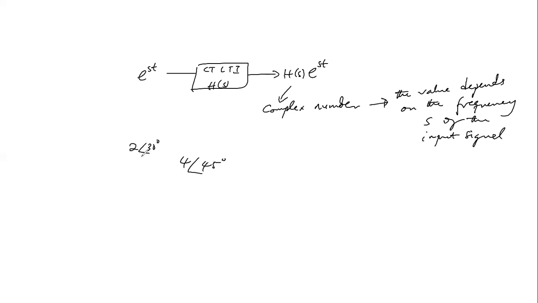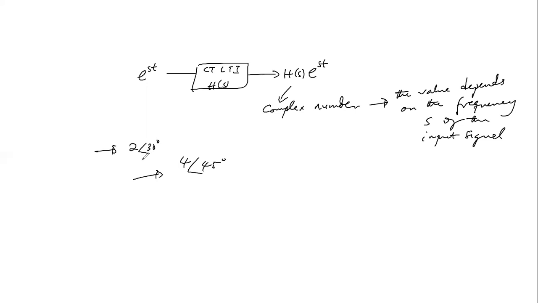This is polar notation. We could represent this again in the Euler form. So this is a complex signal. It could be in Euler, it could be polar, so I just put up my complex signal in this format.